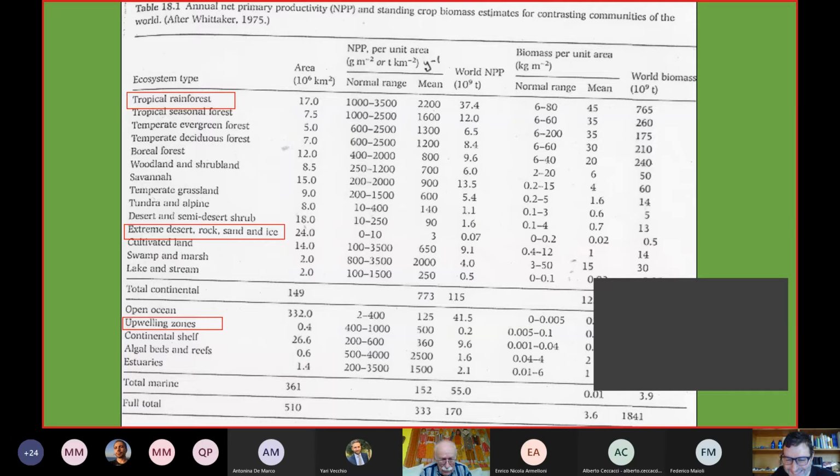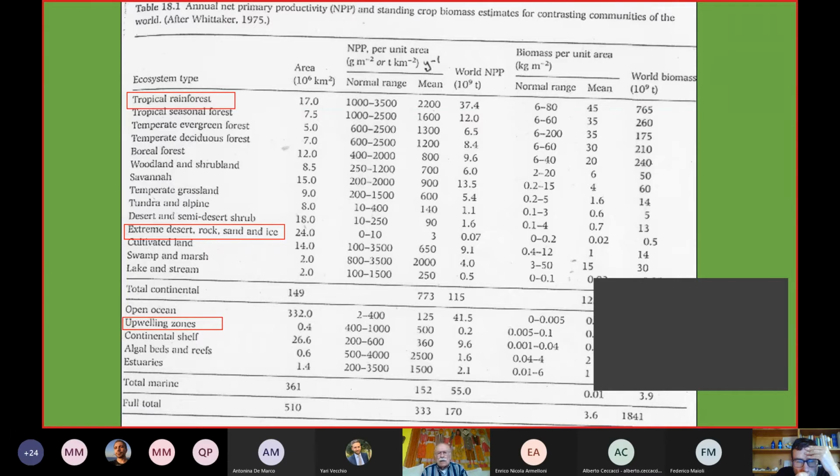Just look at the upper part. First, let's look at the columns. The left column is how many square kilometers are covered by each of these units. You can see the terrestrial ones at the top, the marine ones below. Then we see the range of the primary productivity per year, and the next column is the mean.